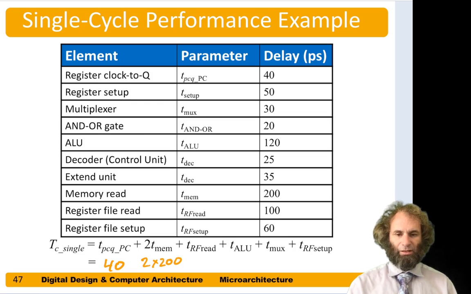We have 100 picoseconds to read the register file, 120 for the ALU, 30 for the result multiplexer, and 60 to set back up at the register file to write, and adding all these up, 400, 500, 620, 660, 690, 750. 750 picoseconds.